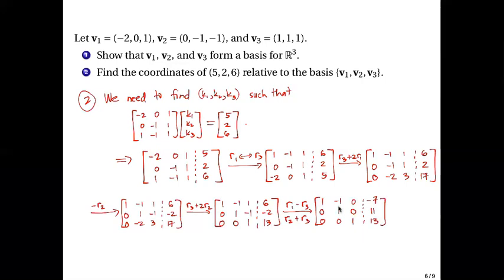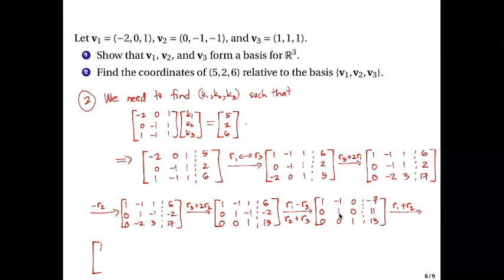And finally, the last step, we have to make this 0. So we just add row 1 and row 2. So row 1 plus row 2 will have what? 1 plus 0, that's 1.